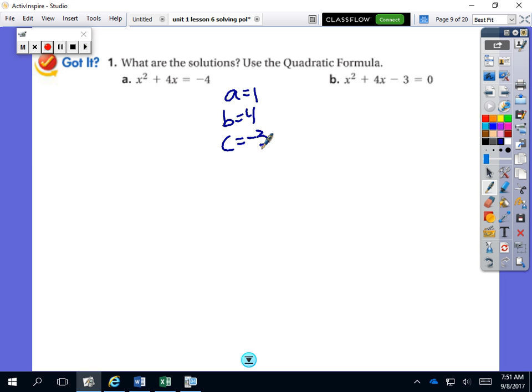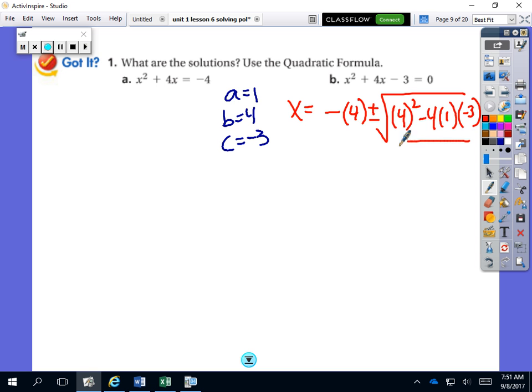Okay, so when I use the quadratic formula, I'm going to get x equals negative b plus or minus the square root of b squared minus 4 times 1 times negative 3, all over 2 times 1.